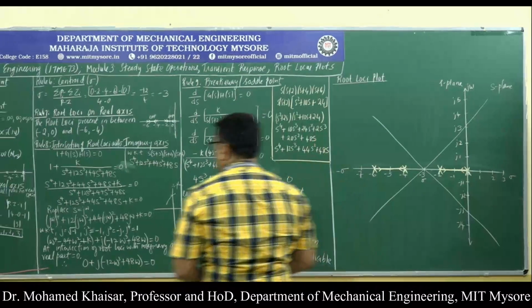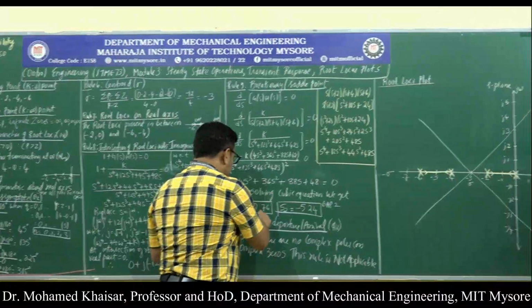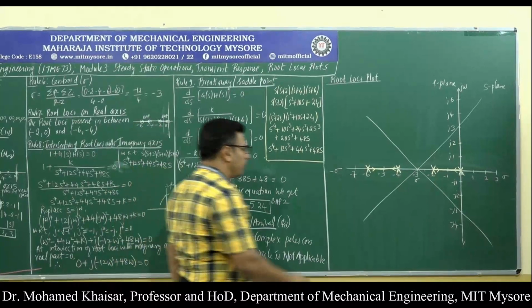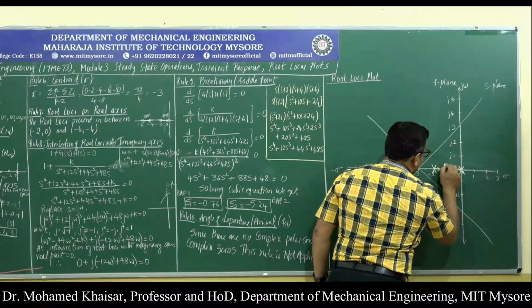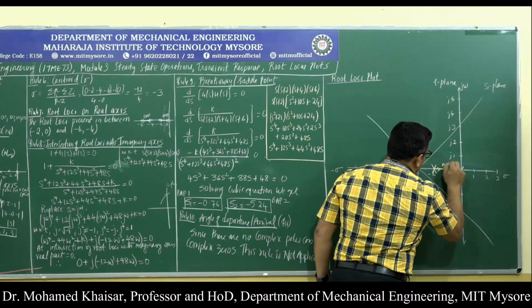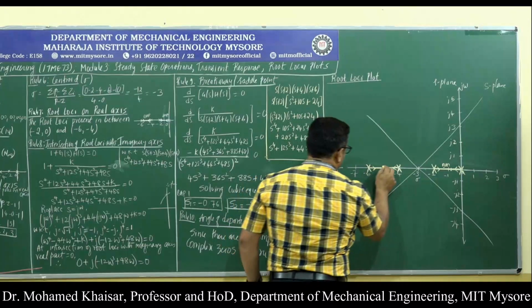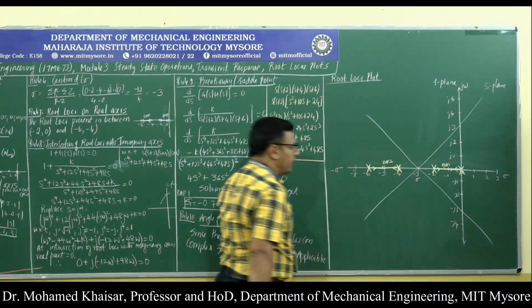And then the breakaway points. One breakaway point exists at minus 0.76, the other at minus 5.24. So, I will write breakaway point 1 here, and minus 5.24 exists over here, breakaway point 2 I will mark over here.